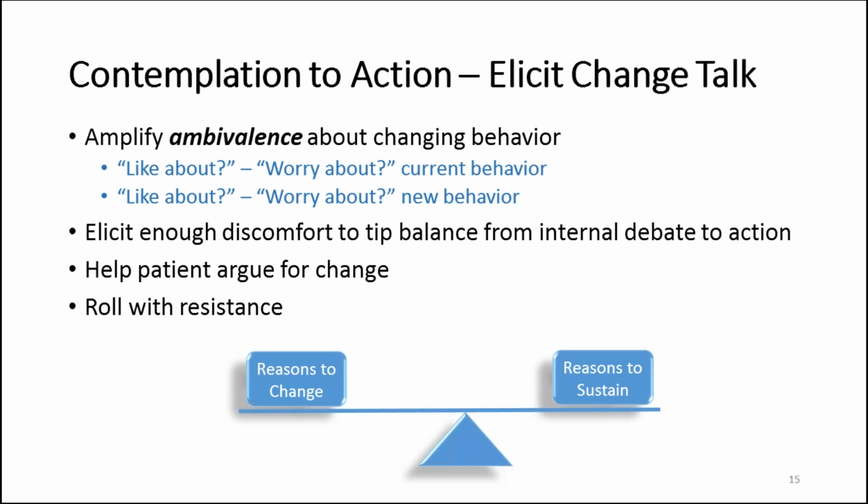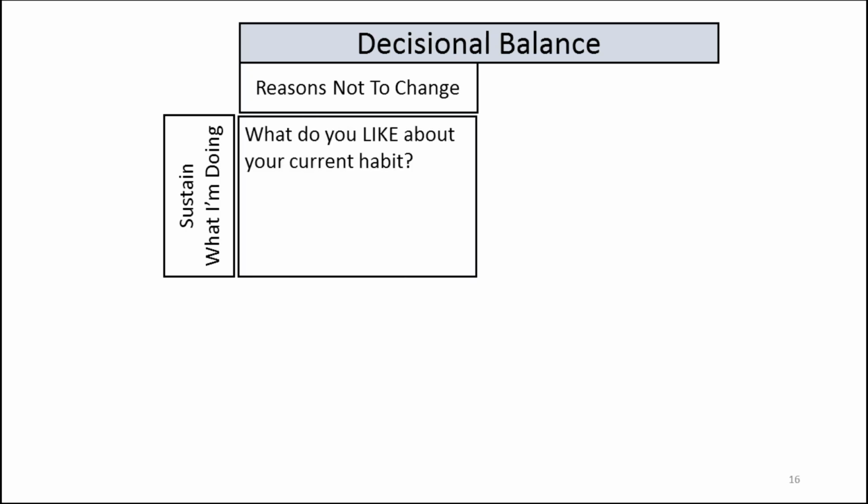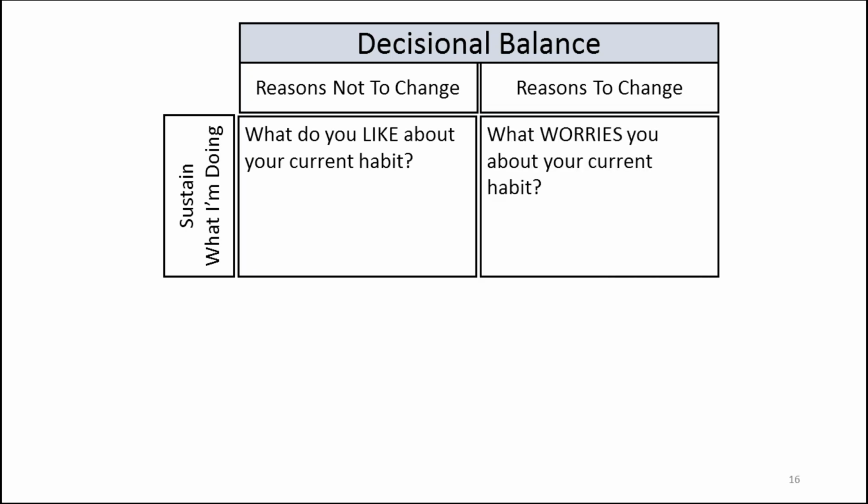As the patient brings up reasons not to change, we accept it and then twist it slightly, using the patient's own words to move to the other side of the decision. So the way we put this together is with a 4x4 table in which we list the reasons not to change, and we have sustained talk, what do you like about the current habit, and reasons to change, what worries you about the current habit.